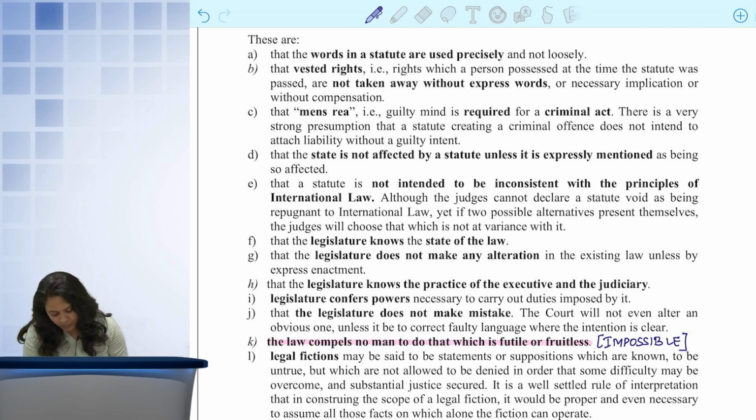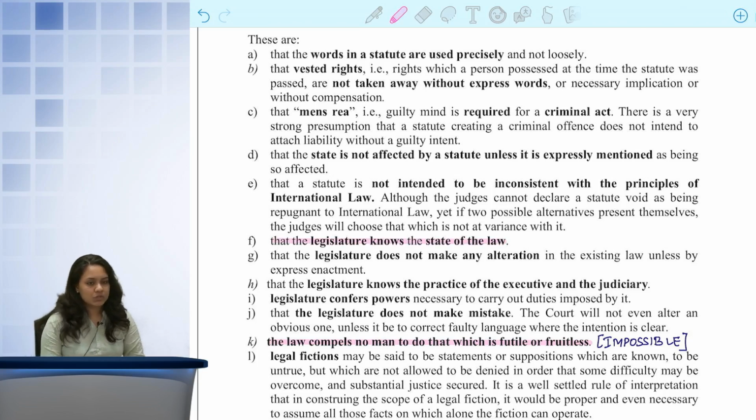Then, the legislature knows the state of law. It is presumed that the legislature, whenever they pass laws, knows exactly what they are doing, and that they have every interest and every piece of knowledge relating to that law.